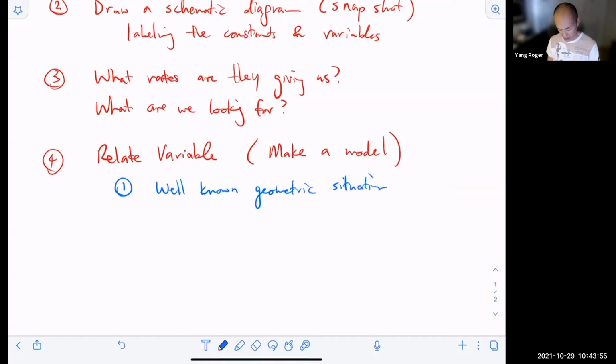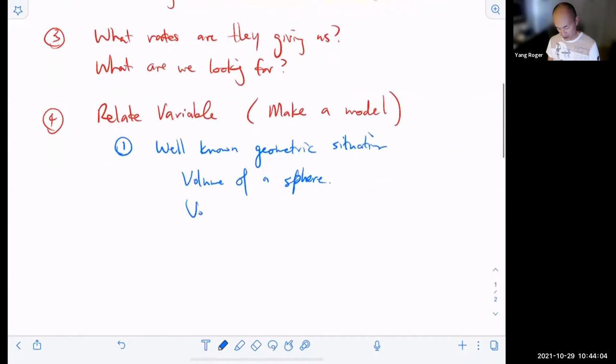What would some examples be? Volume of a sphere. That's our earlier example. You could have volume of a cone or a box or a cylinder.